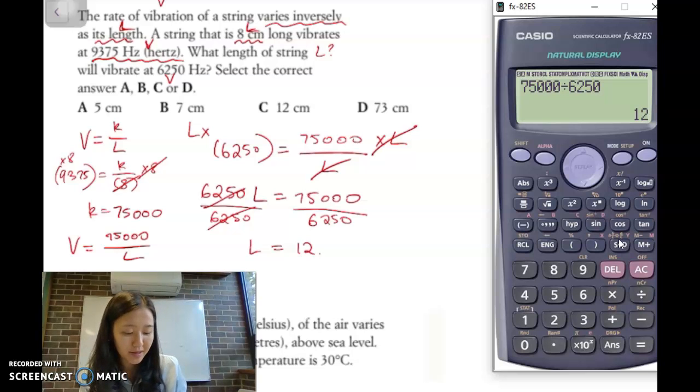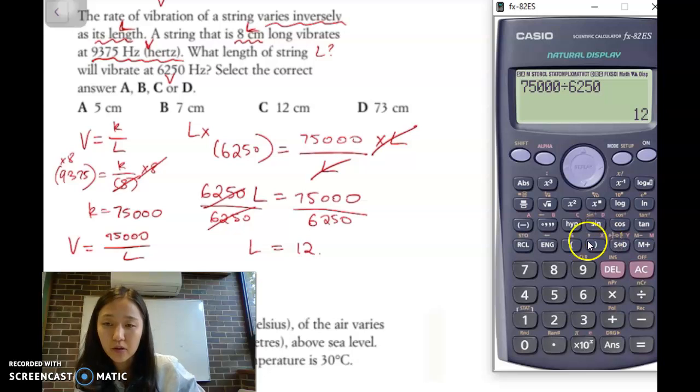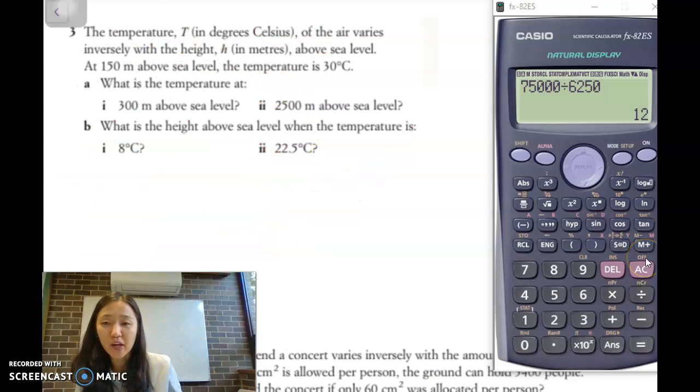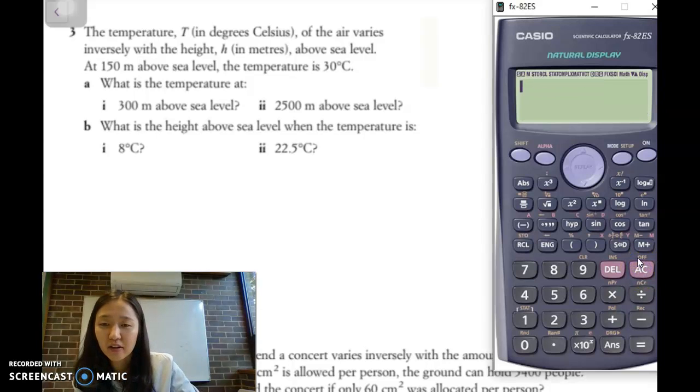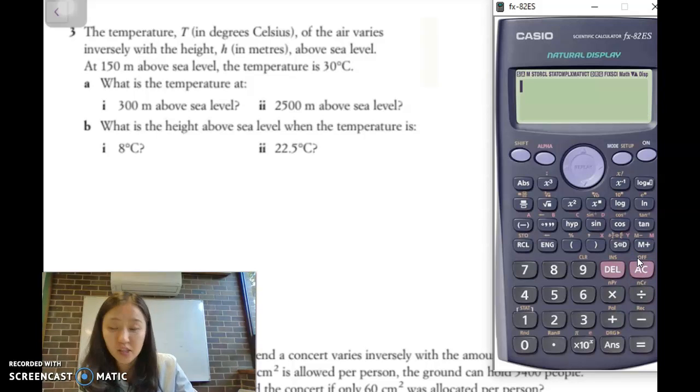So my answer is the length of the string must be 12 centimeters to vibrate at 6,250 hertz. So my answer would be C in this question. If you're getting the hang of these solutions involving variation, let's have a look at the next question.